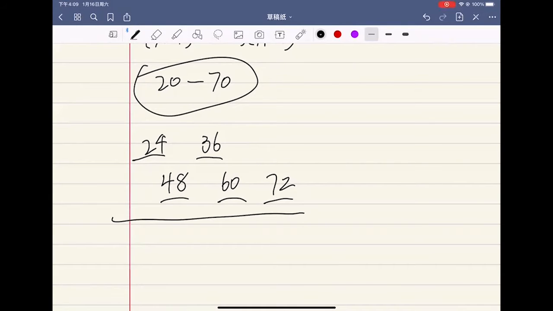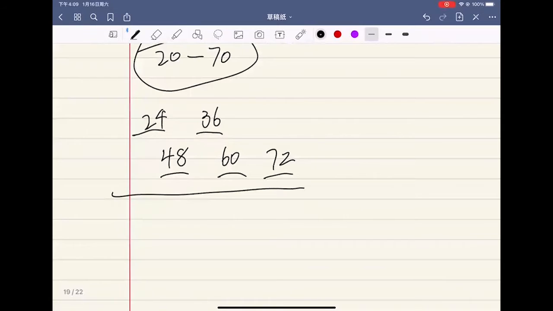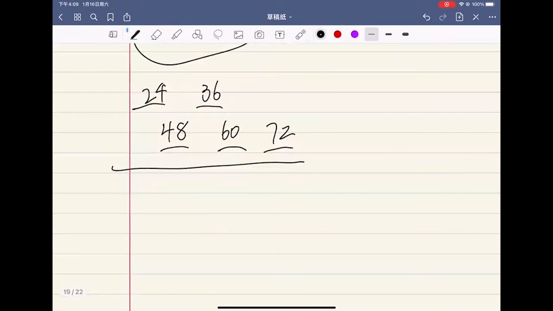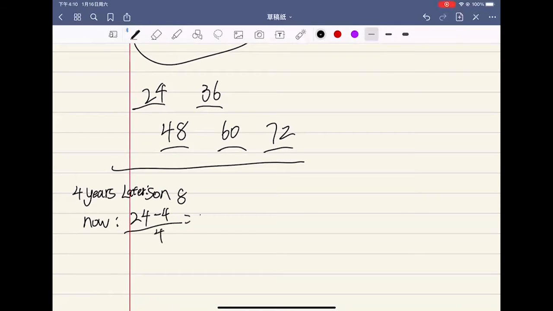Let's see. Assume my mom will be 24 years old 4 years from now. Then the son's age now would be (24 minus 4) divided by 4, which equals 5.